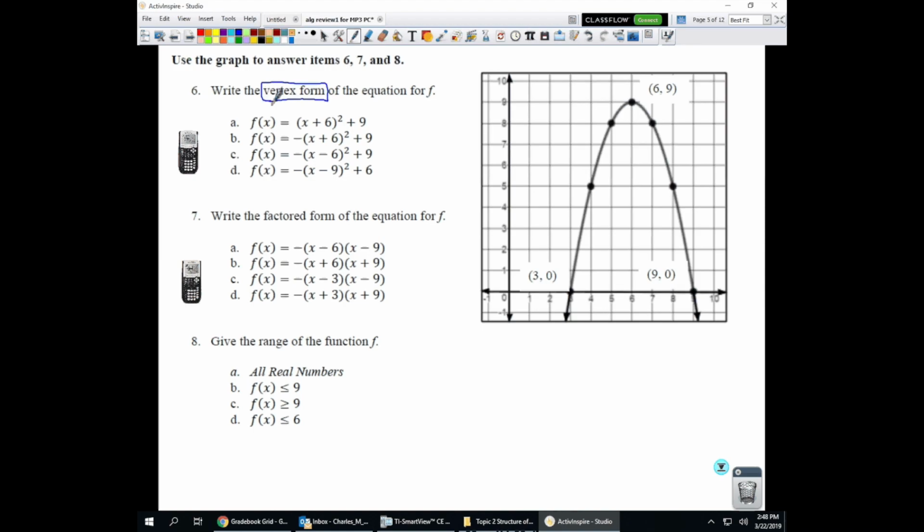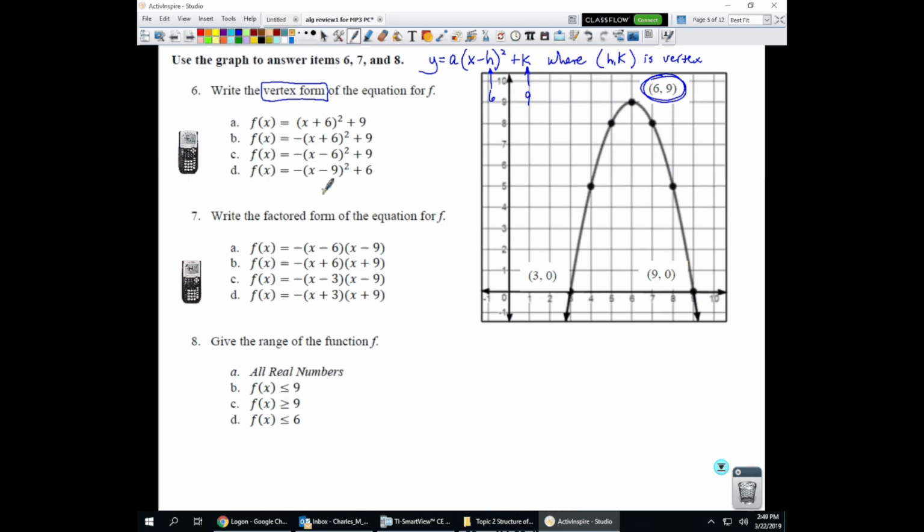by just identifying the vertex, in this case (6, 9), and then remembering or using your formula sheet to say, hey, vertex form looks like a times the quantity x minus h, quantity squared, plus k, where (h, k) is the vertex. Well, if the vertex is (6, 9), I need to replace that h with a 6 and the k with a 9.